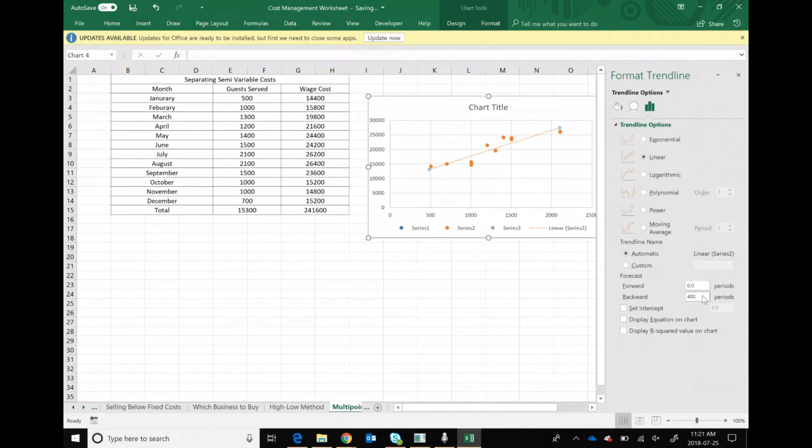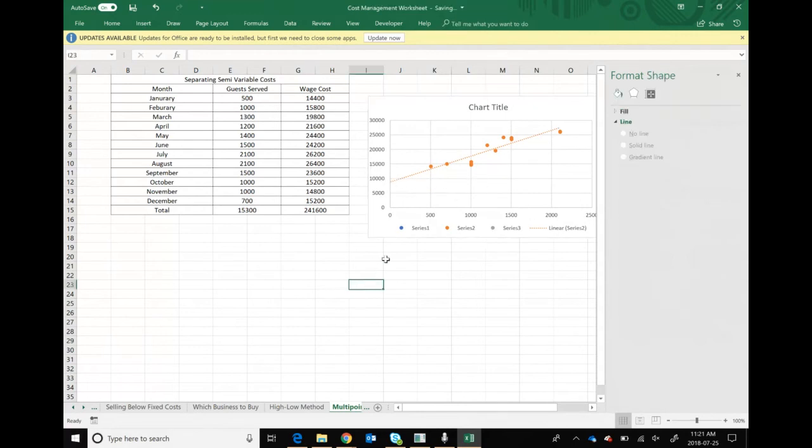400 periods, maybe? There we go. And that will say another 50, 450. So what we're doing is we're moving the trend line back as close as we can get it to the y-axis.